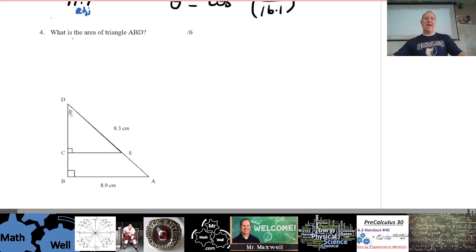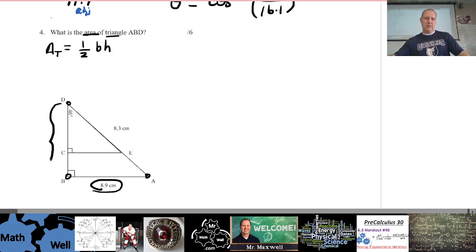So for number 4, the area of triangle ABD. So that is the big triangle, okay? So area of triangle, right away I think of the formula, which is 1/2 base times height, right? So guess what? This is the base. I need to find what this height is.